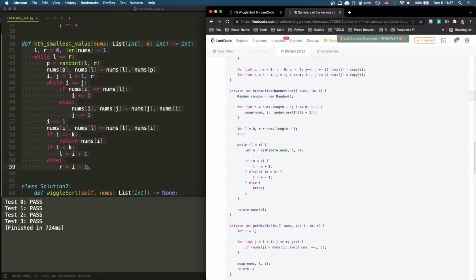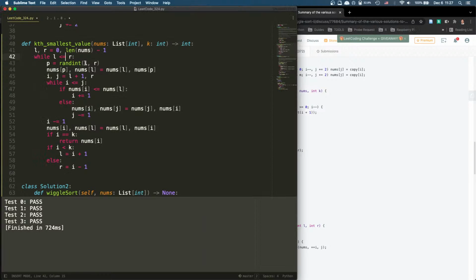Maybe smaller to R is okay. Well, if left is equal to, then that should be fine. I like to do it this way.